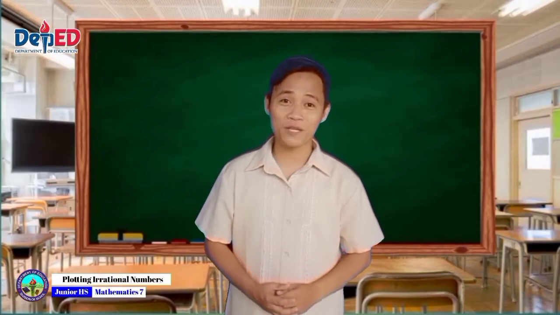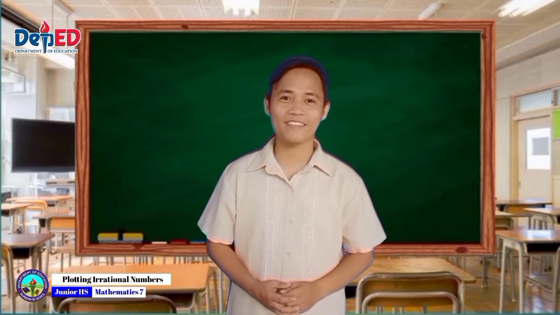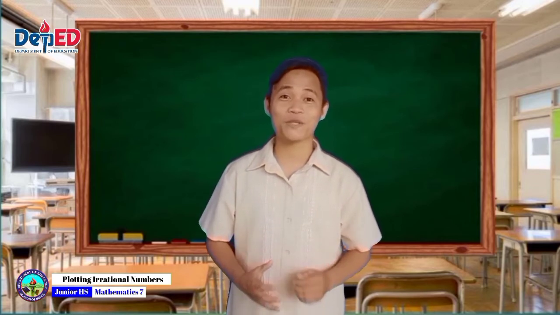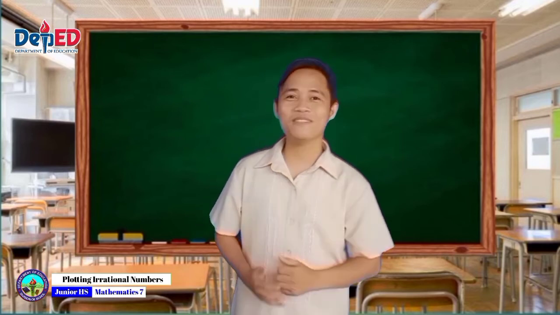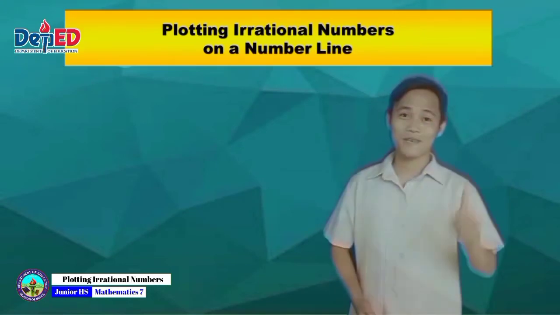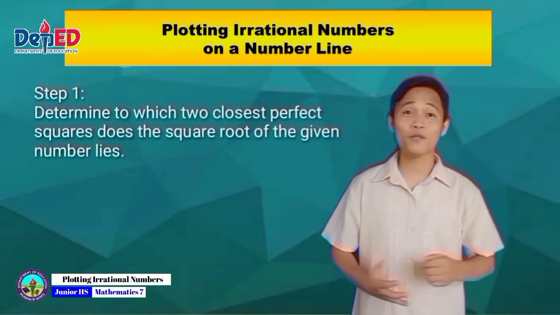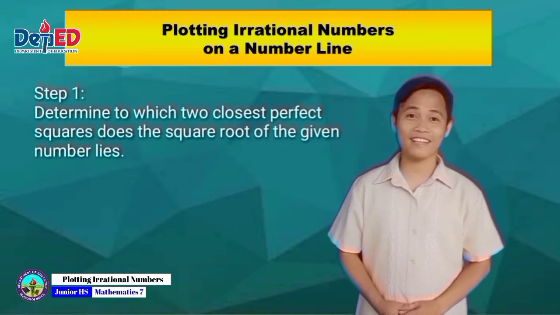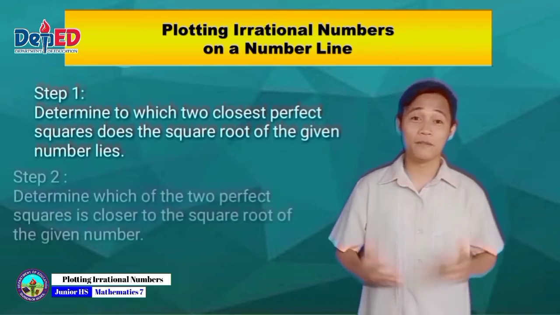If we are going to plot irrational numbers on a number line, first, we are going to estimate the square root of the given irrational numbers. We can follow these steps. Step 1. Determine between which two closest perfect squares the square root of the given number lies. Step 2.